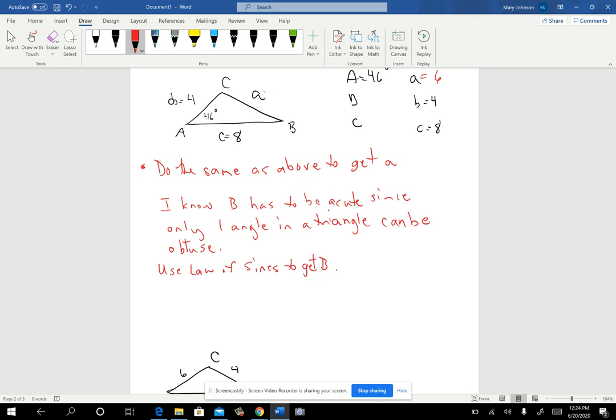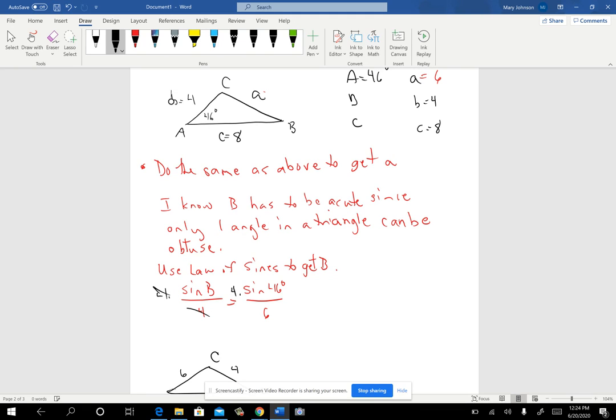All right, so I'm going to take and set up my proportion. So I'm going to say sine of B over 4 equals the sine of 46 degrees over 6. And I'll solve that.